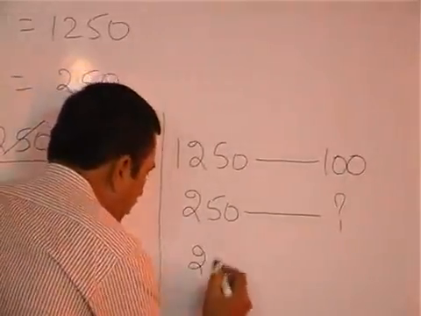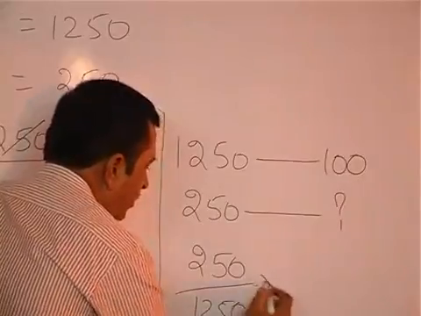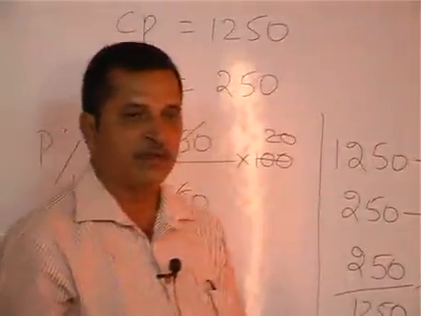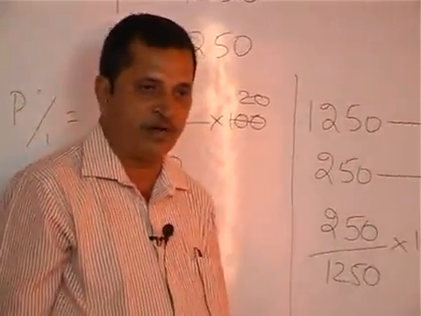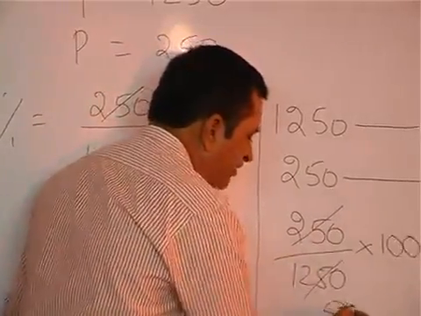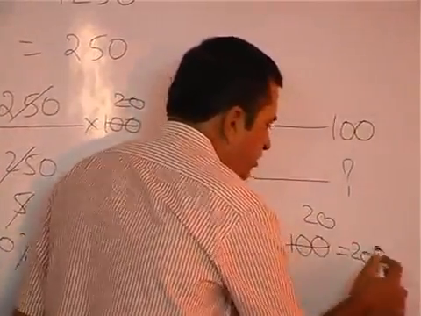Therefore, less by more into 100. 250 by 1250 into 100, profit is 20%. Understood this method?